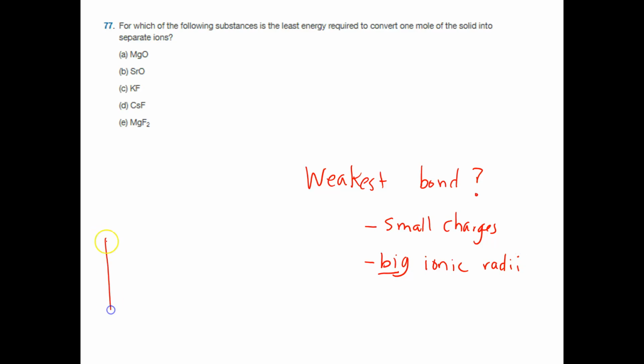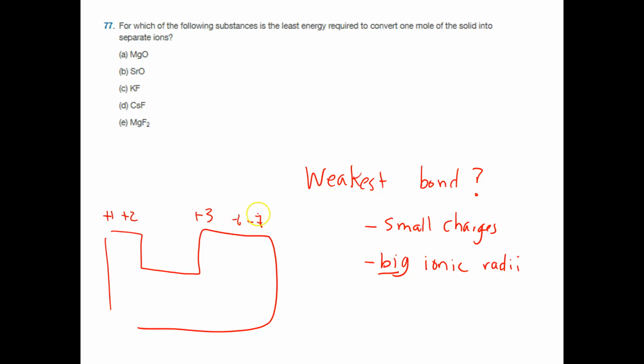So let's think about the charges. We're going to have +1, +2, +3 for groups 1A through 3A, and then we're going to have -3, -2, -1 for groups 5A through 7A.